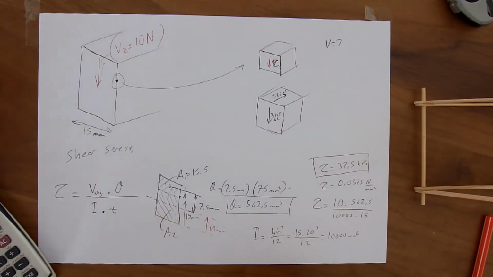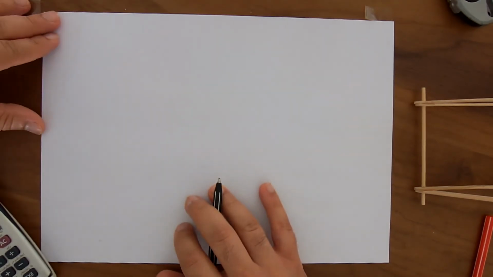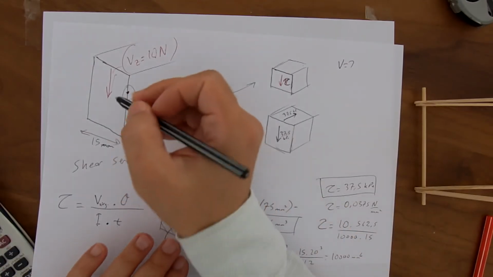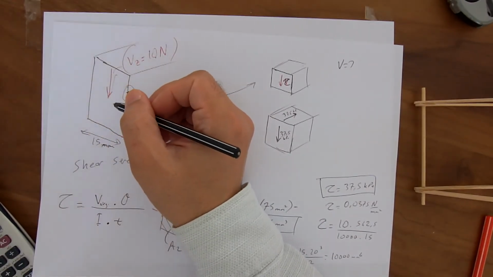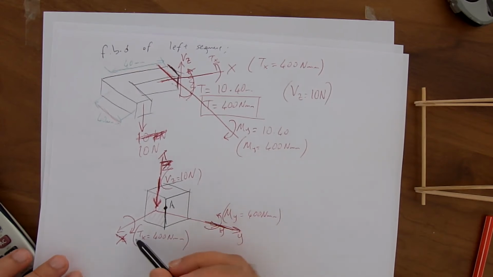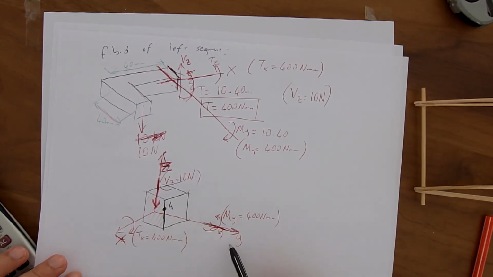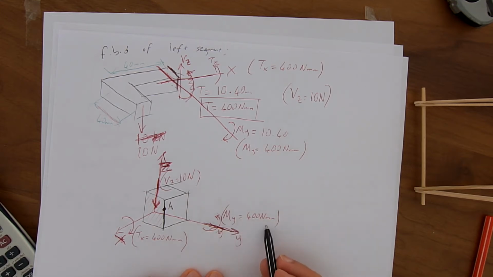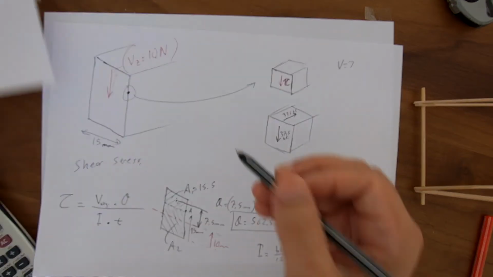And next, we can determine the bending stress. Bending stress at point A, because here there also acted a bending stress. Remember here, this one, which one? The one around the y-axis, there is bending stress. And how do we determine the bending stress?